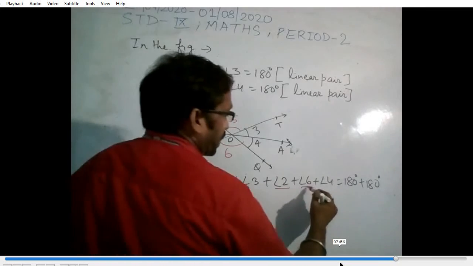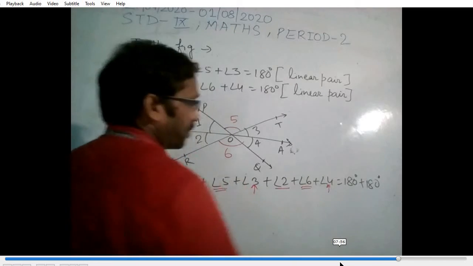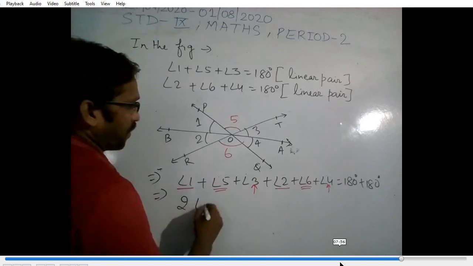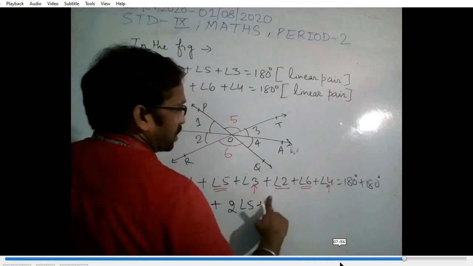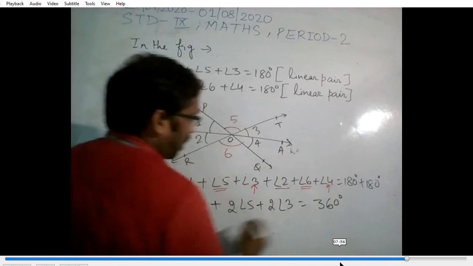See, angle 1 is equal to angle 2 given, angle 5 is equal to angle 6 given, and angle 3 is equal to angle 4 given. So 2 times can be written here. 2 times angle 1 plus 2 times angle 5 plus 2 times angle 3 is equal to 360 degrees.